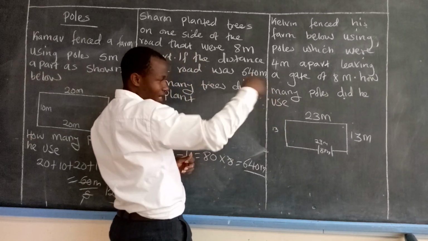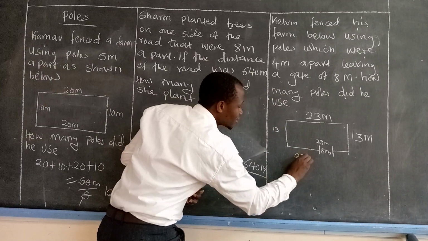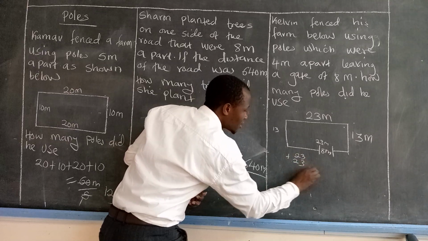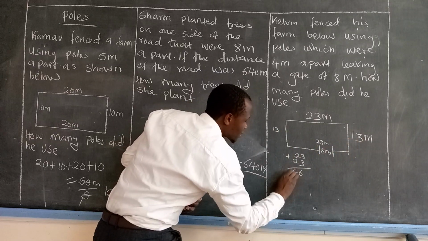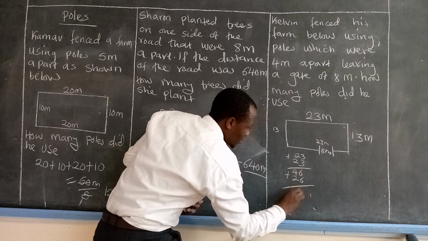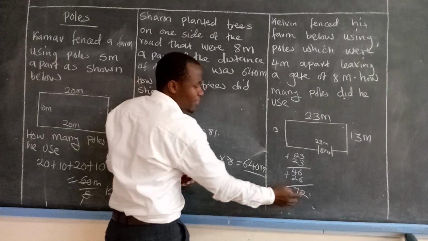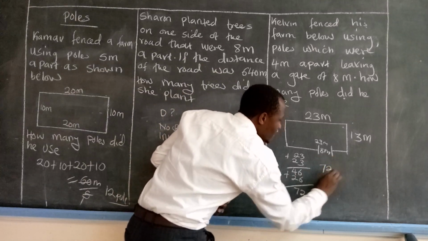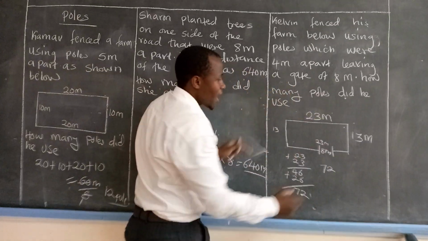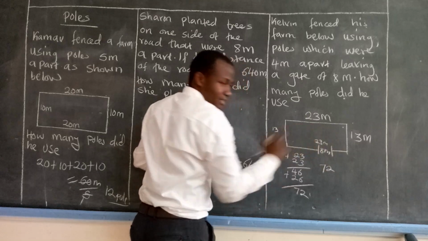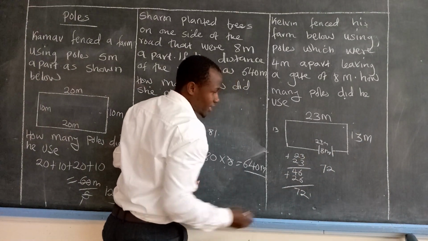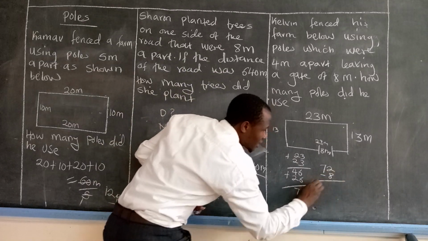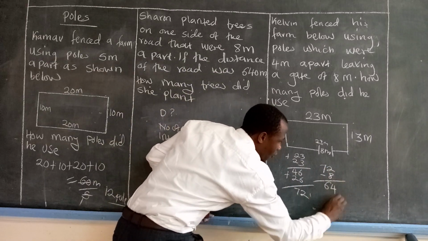Now add the distance around the figure: 23 plus 23 is 46, and 46 plus 26 is 72. This 72 is the distance around the figure plus the gate they left. Now deduct the space for the gate, minus 8. You get 64 meters.